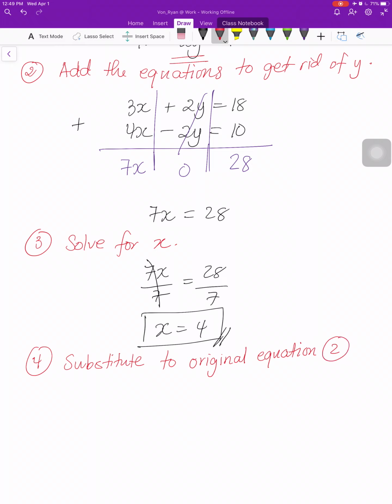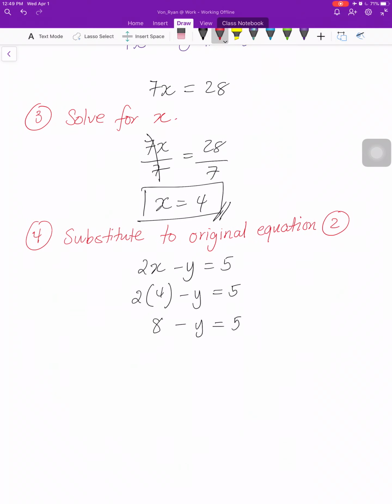So the original equation 2 is 2x minus y equals 5. You can choose whatever you want. Sometimes I choose the one that will make it easier for me to do it manually, because sometimes I don't have a calculator with me. So I'm going to have 2 times 4 minus y equals 5. 2 times 4 is 8 minus y equals 5.